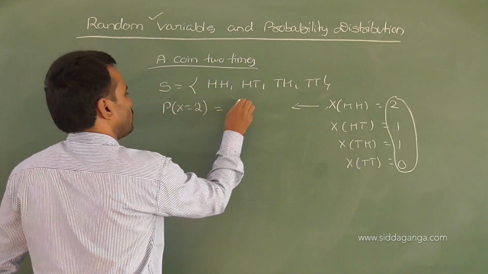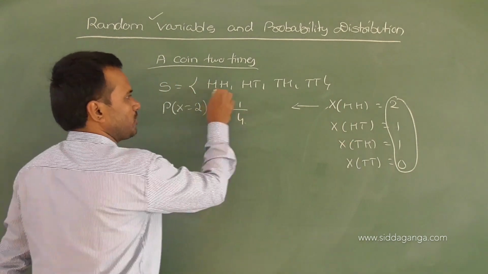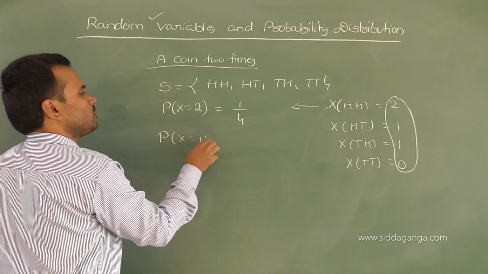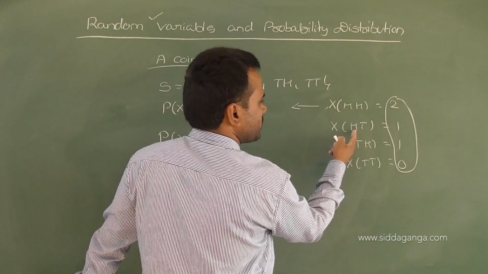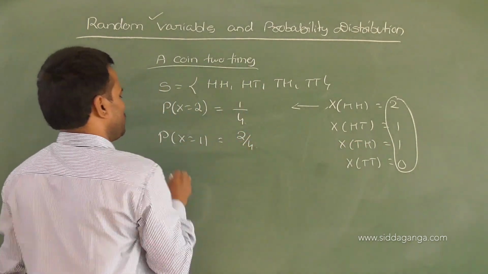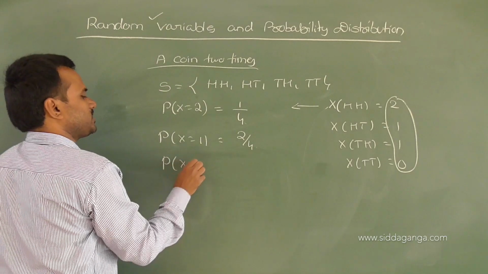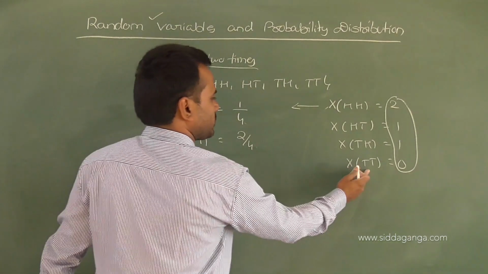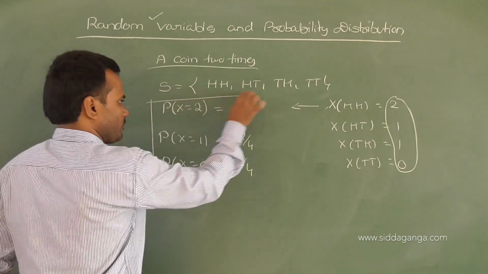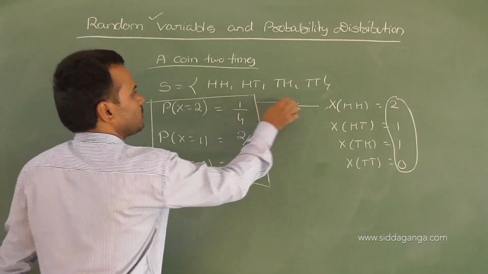Only one. 1 divided by 4, the total number of outcomes is 4. Probability of X equal to 1: how many outcomes? HT, TH. 2 divided by 4. Probability of X equal to 0: only one outcome. 1 divided by 4.